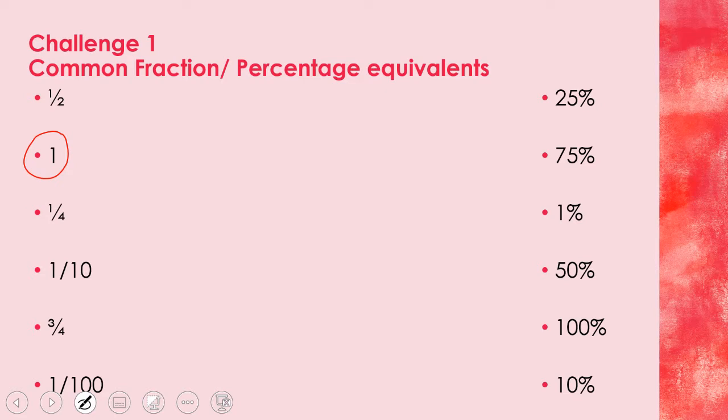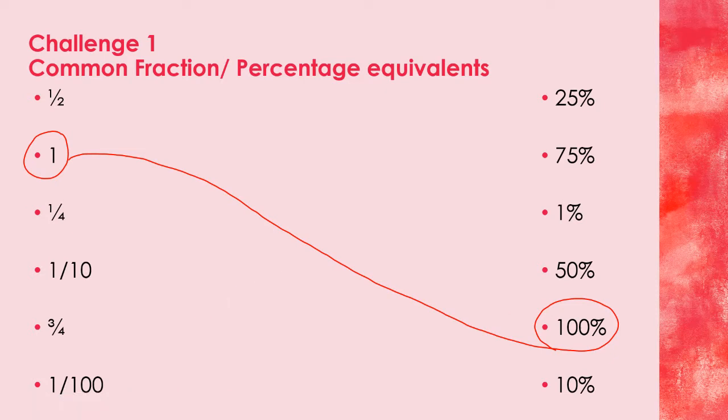So which percentage in the right-hand column is all of our group, is everything? Well done if you were able to identify that it is 100%. It's the full set. So that similarity between 1 as a fraction and 100% as a percentage is really key to our understanding of percentages.